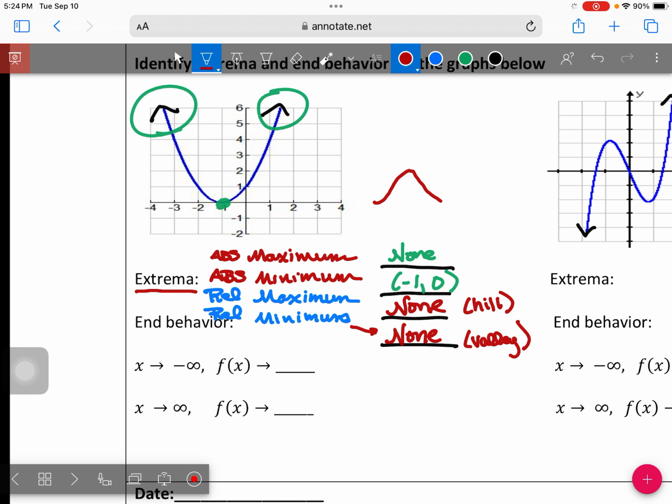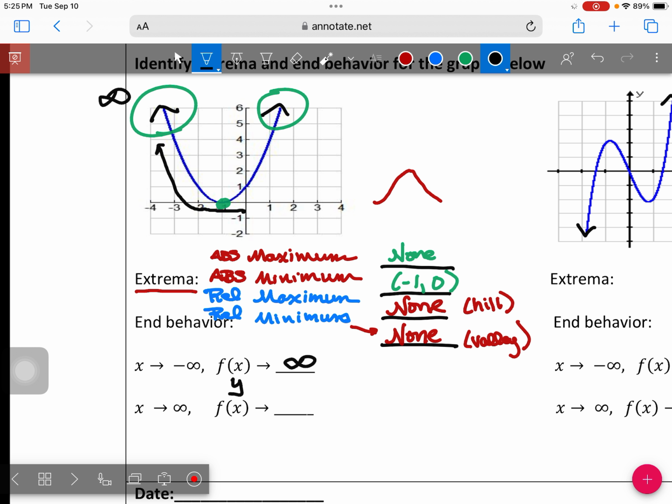All right, end behavior. I am circling the ends of my line. As x is approaching negative infinity, as I go towards this way, I see my graph is going up. That means f of x, the function of x, my y value, or my graph, however you want to put it, is going to positive infinity.